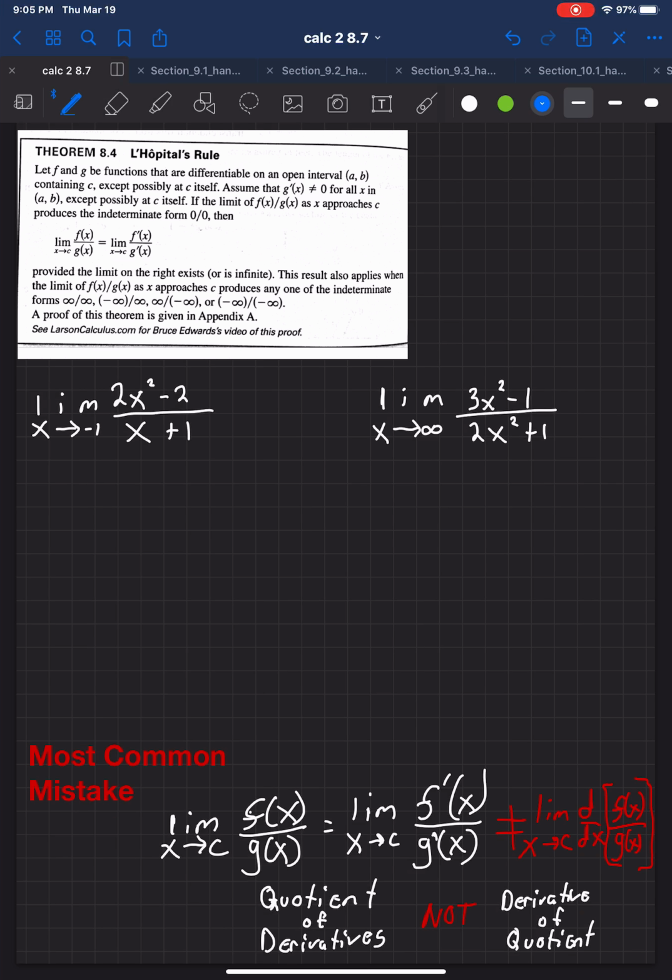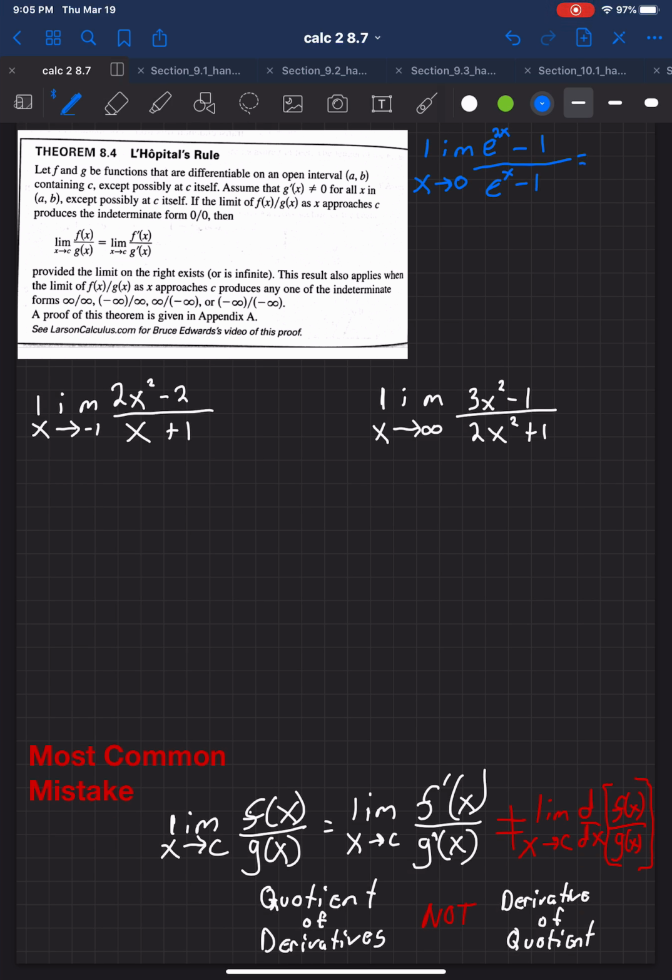So let's say for right now, let's say you wanted to take the limit as x approaches 0, and now let's actually make our function non-algebraic. So something like e to the 2x minus 1 over e to the x minus 1.